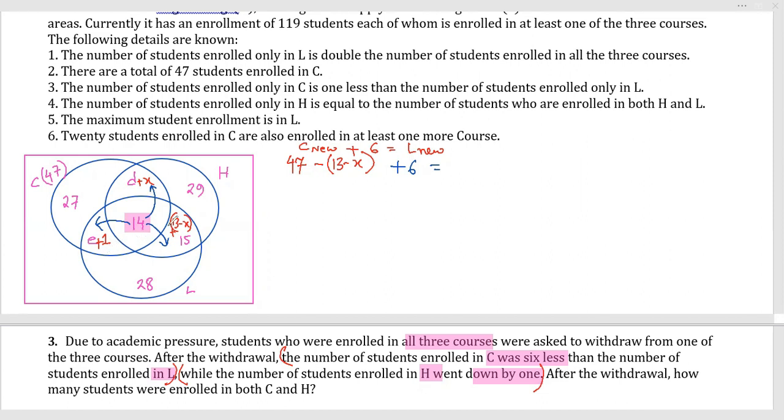So I can write the initial data of L minus X as L new. What is the initial data? 29 plus 28, that means 57, plus E. It was the initial data of L.